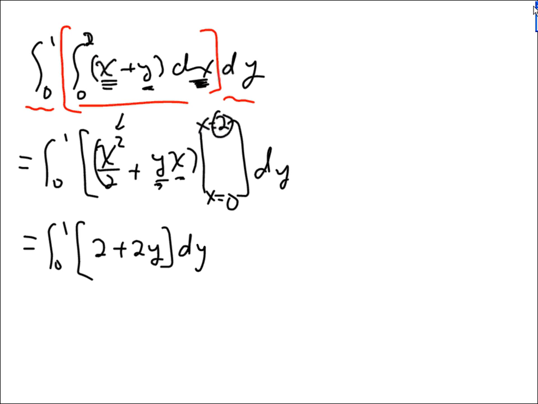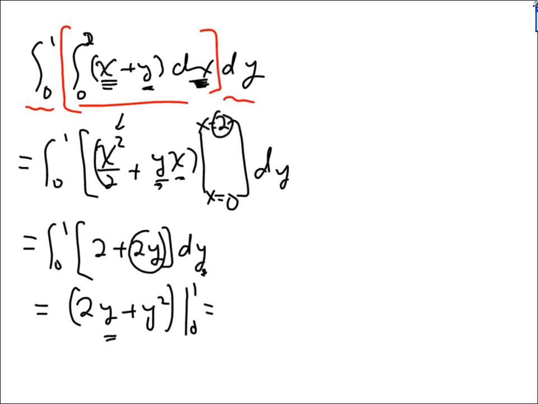Now this is what we want to integrate with respect to y, dy. So we get 2y plus y squared. The integral of 2y is y squared. And this goes from 0 to 1.